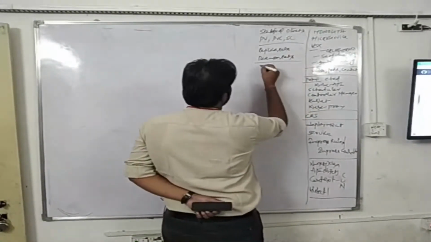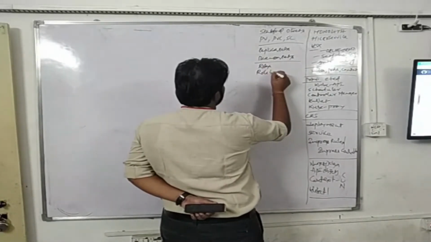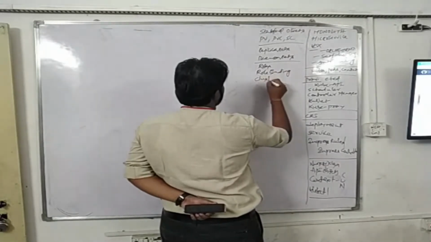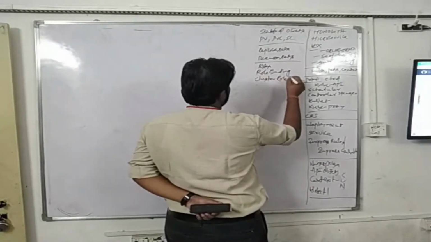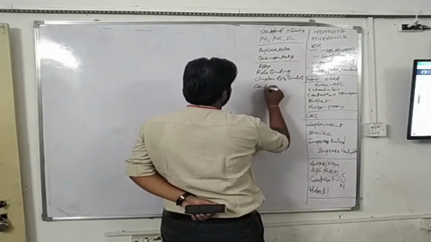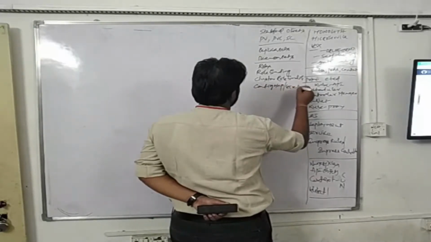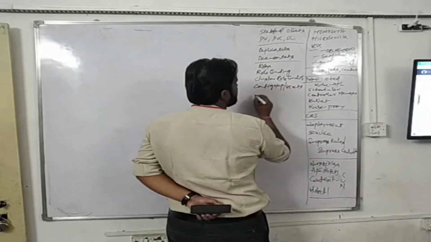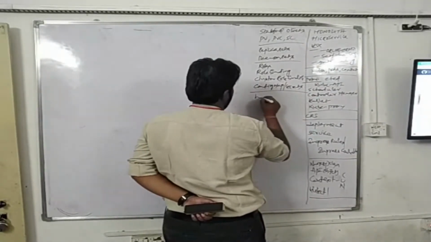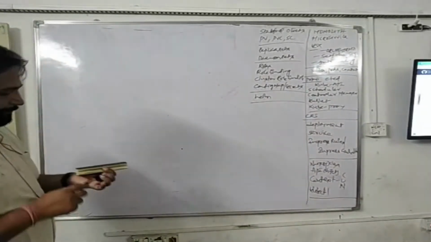Roles, role binding, cluster role binding, config map, very good. Secrets. We stopped here, right? Okay.